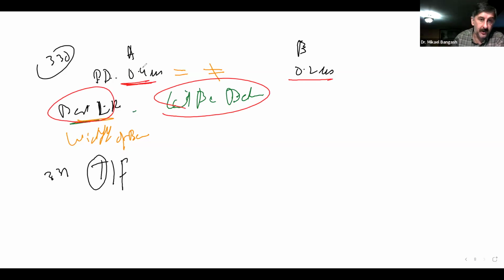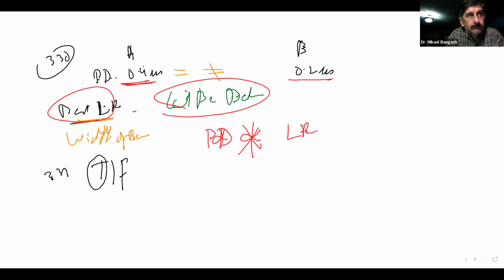Why? Because pulse duration is not related to your lateral resolution. Did you guys get that? Yeah. Good.